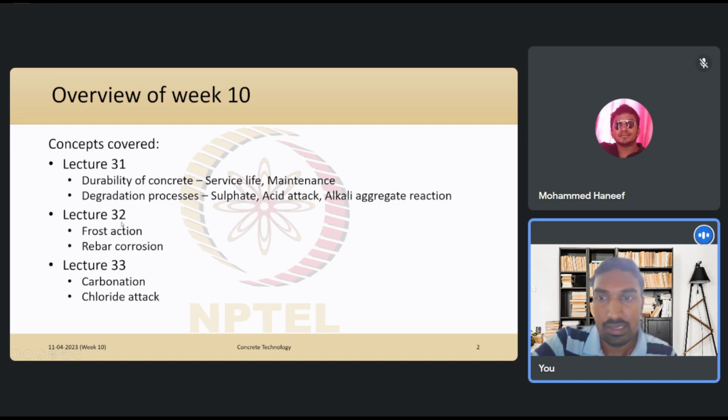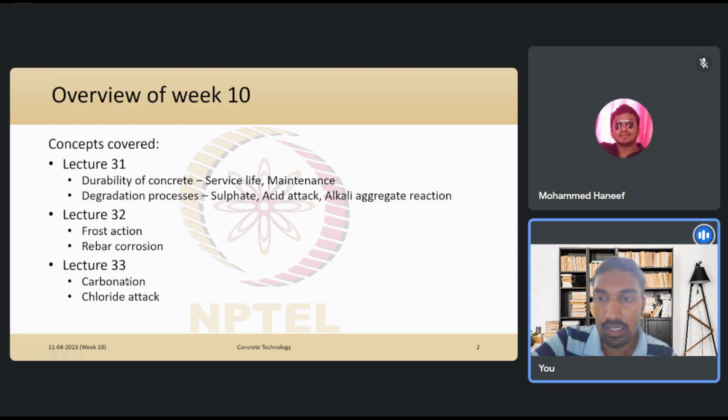In the second lecture, we looked at other processes like frost action, the freezing of water present in the concrete and how that affects concrete. And then we looked at rebar corrosion. In reinforced concrete, the presence of chemicals like chlorides, when they reach your reinforcements, can cause corrosion. So we looked at rebar corrosion in lecture 32.